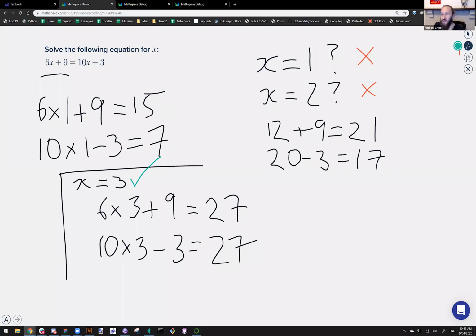Or at the very least, if you're in an exam situation and you've just gone to all the bother of doing the algebra and you found x equals 3, I cannot recommend highly enough taking your answer, substituting it back, and checking that it does this kind of thing. Because if it doesn't, then you've made a mistake, and it's really good to correct that before you hand your exam paper in.